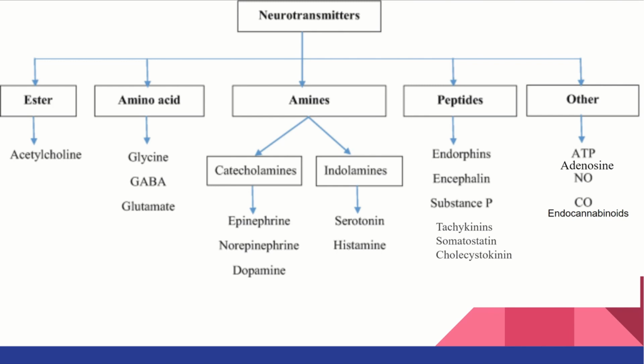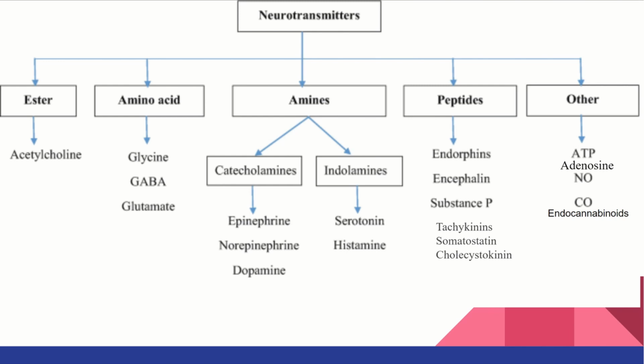Remember how we talked about after the release of neurotransmitters, we have to get those neurotransmitters back into the presynaptic neuron, and we call that reabsorption. So once those neurotransmitters have diffused across and activated the postsynaptic neurons' protein channels, they are then going to diffuse back and be reabsorbed into their original neuron.